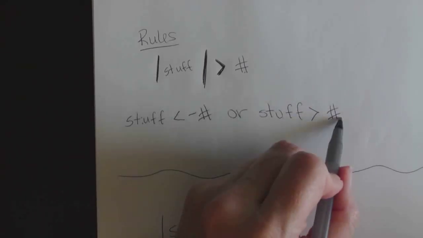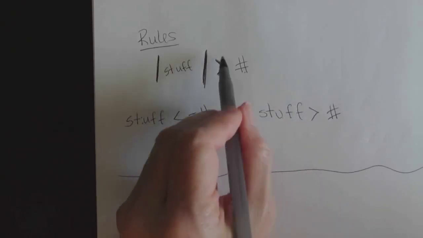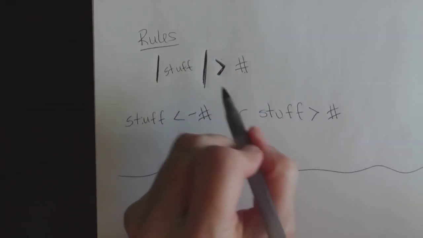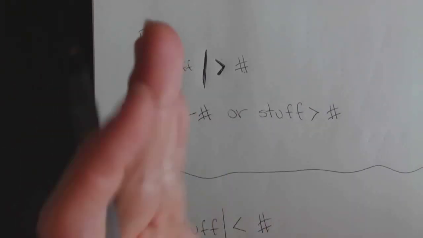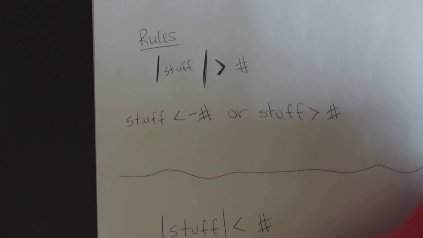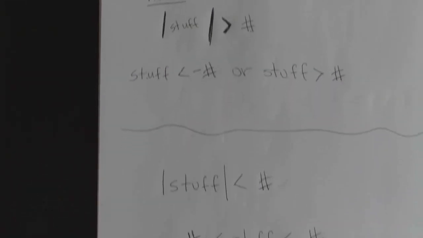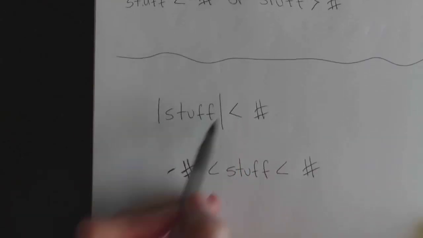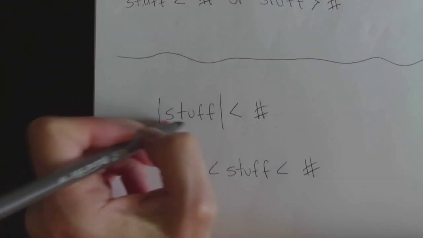The stuff has to be less than the negative number, or the stuff has to be greater than the positive number. This is the case of when you're more than a certain amount away from 0. You're under the negative or you're up top of the positive.